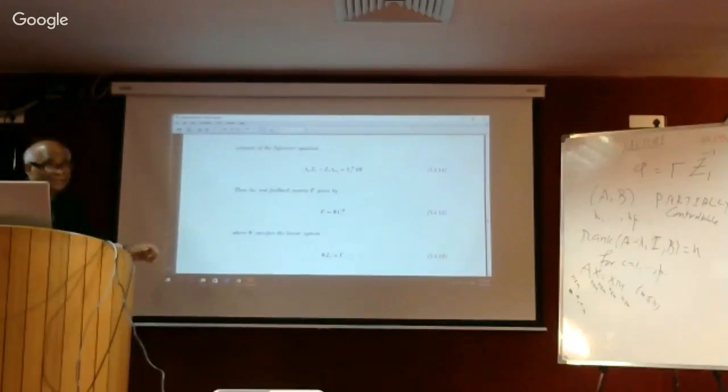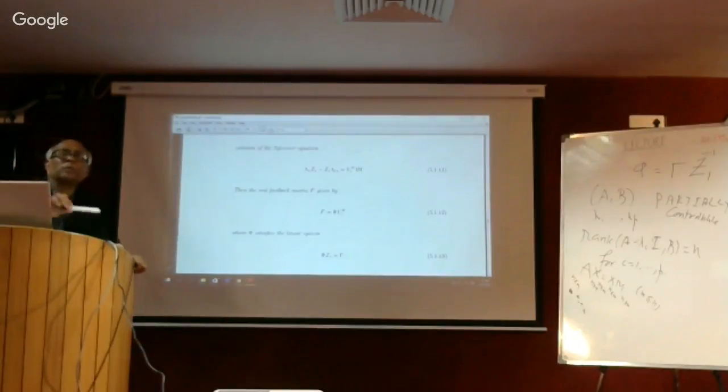Lambda CL is the diagonal matrix of the eigenvalues mu1 through mu p, the ones that take the place of lambda 1 through lambda p. The eigenvalues lambda 1 through lambda p are being replaced by mu1 through mu p.